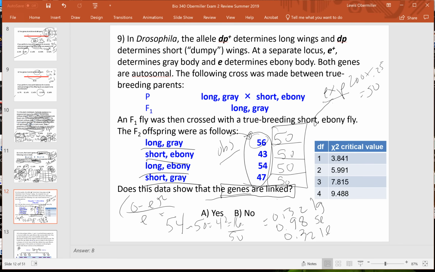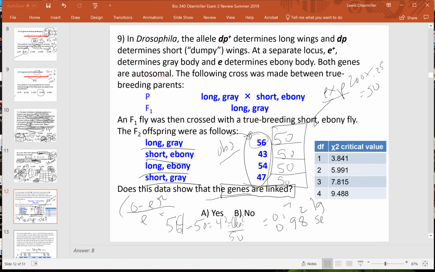Wait, no, it's not. Let me calculate it out. So 16 divided by 50 equals, wait, did I do that right? I had 56 minus, that's 6, which is 36 divided by 50, which, all right, this is wrong.